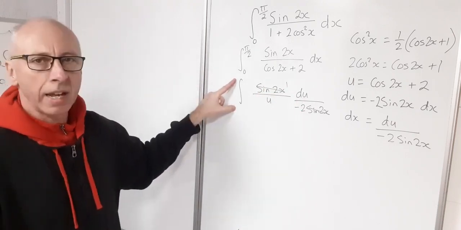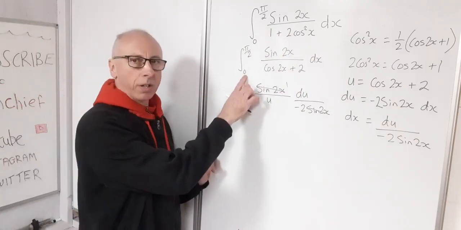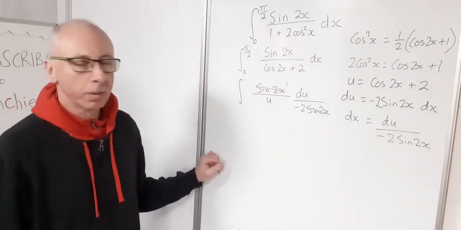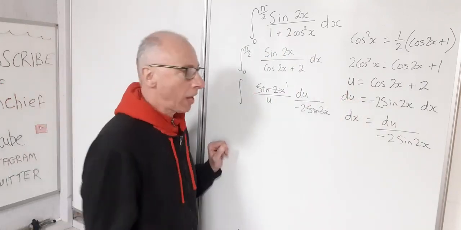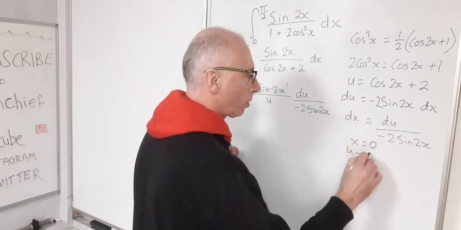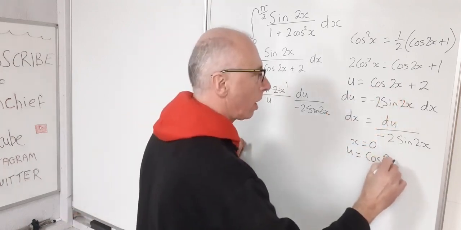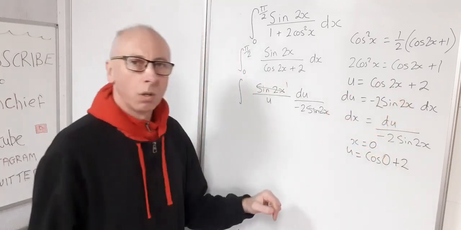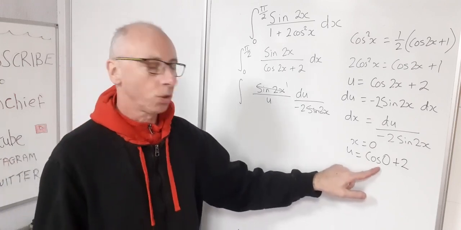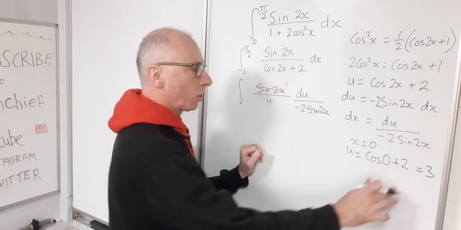But we need to take care now of our parameters of integration. So let's have a look at when x equals 0 and find what our u becomes for that. So for x equals 0, u equals cosine 2 times 0, which is just 0, and then add 2. Well, cosine of 0 is just 1, so therefore u will equal 3. Basically 1 plus 2.